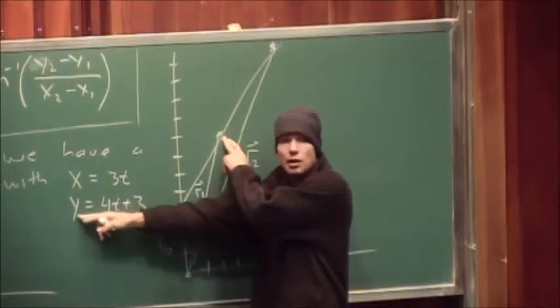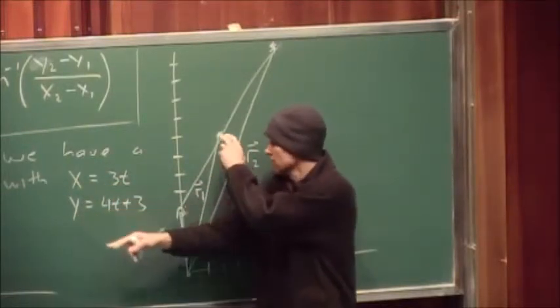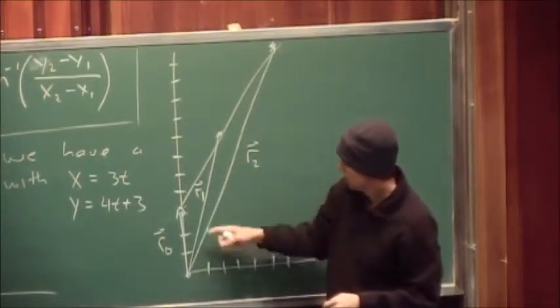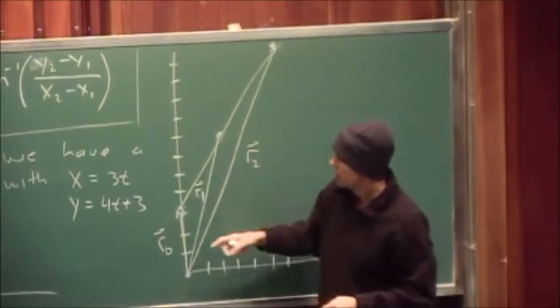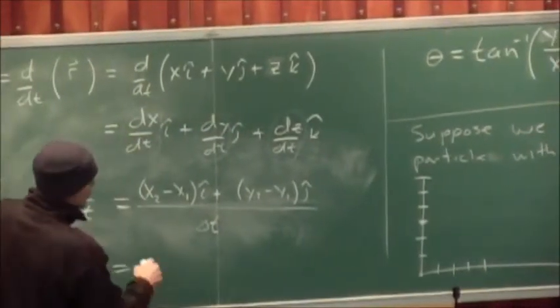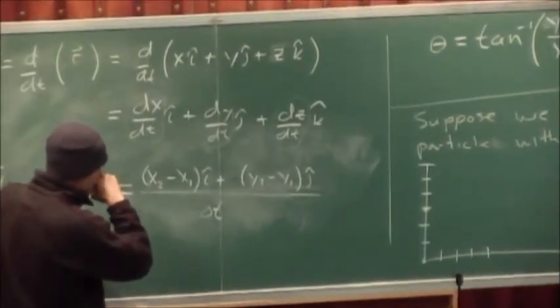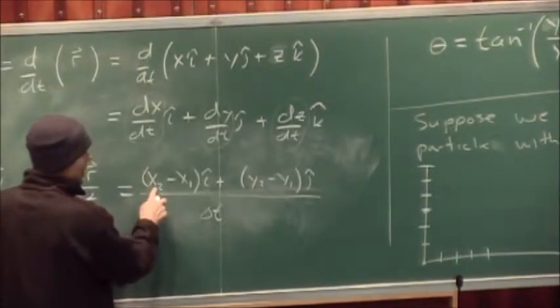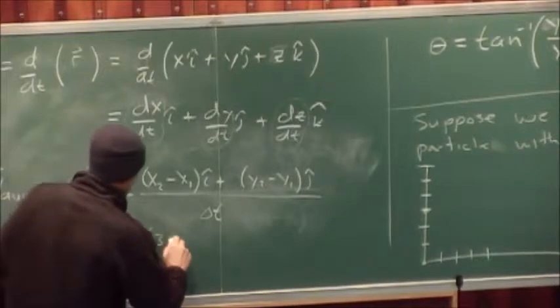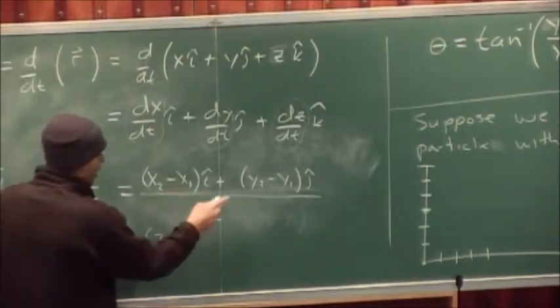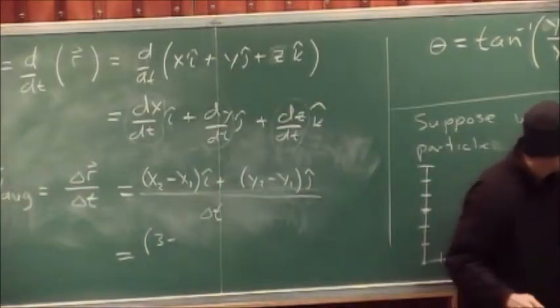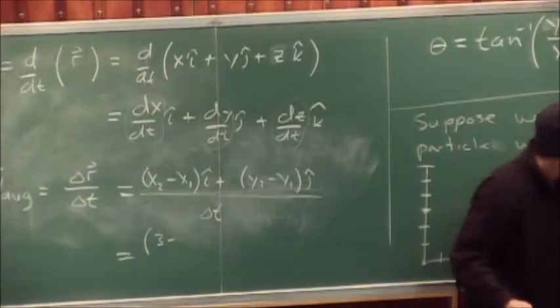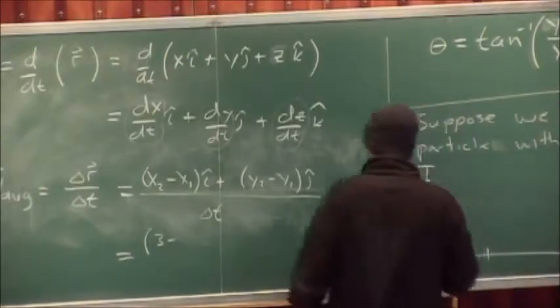And the position was here, 7, right? So then that means x2 at that point is 3, and x1, our position at this initial time, is equal to 0.